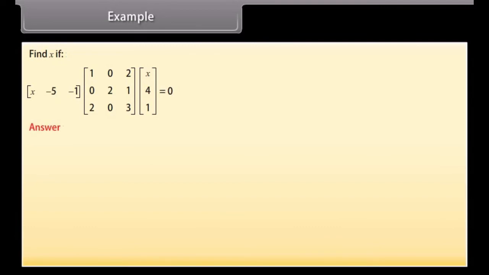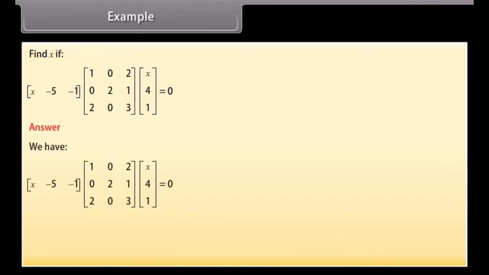Given that, we have [x -5 -1] multiplied by [[1, 0, 2], [0, 2, 1], [2, 0, 3]] multiplied by [x, 4, 1] is equal to 0.